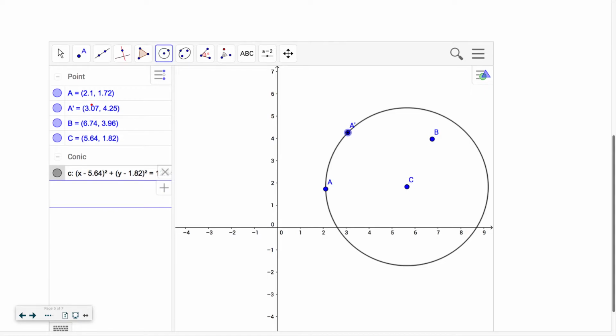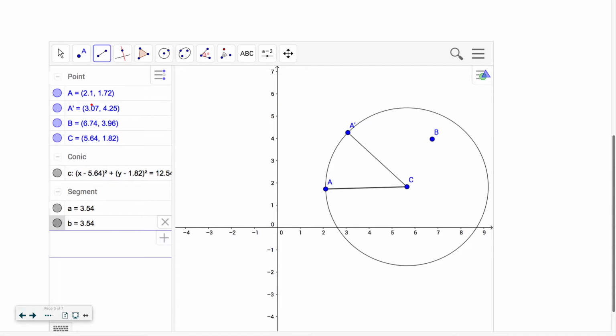Notice if I create a segment from A to C and from C to A, I have an angle. Now A prime and A are both on the circle. So all I'm doing is taking A, and I am traveling along the circumference of the circle until I get to A prime.